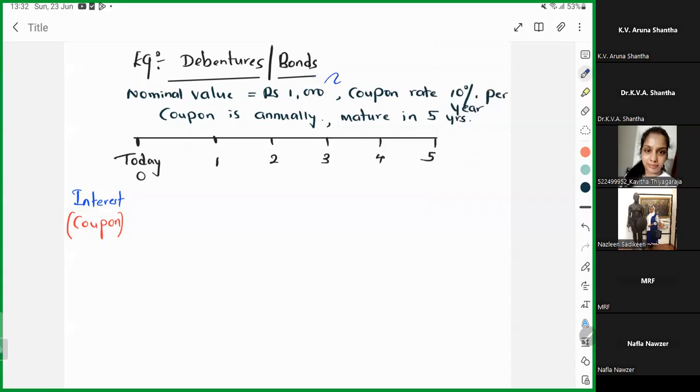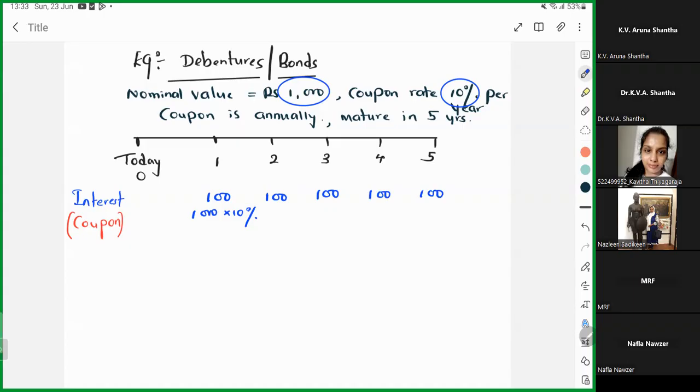Now you invest in these debentures. So nominal value of a debenture, 1,000, multiplied by interest rate. First year you are getting interest coupon 100. Second year, now it is a fixed rate, second year also 100. If it is a fixed rate, that interest rate will not be changing. Third year interest 100. Fourth year interest 100. Fifth year interest 100.